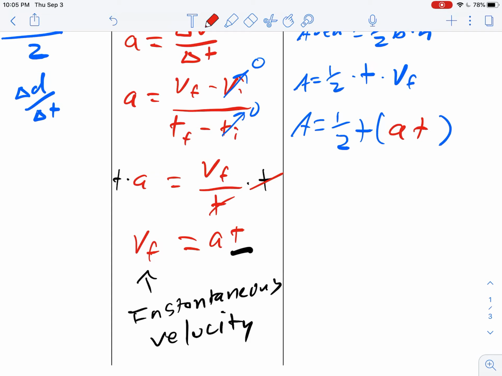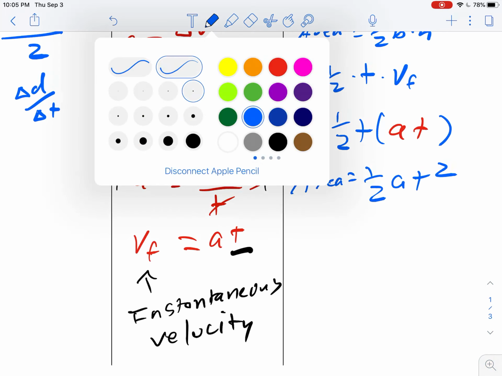You'll see what I'm doing here in just a second. I get 1/2, and I'm going to pull the a forward so that you can see that I have time times time, which is time squared. So I've rewritten the area formula for a triangle and made a substitution to make it look a little different.